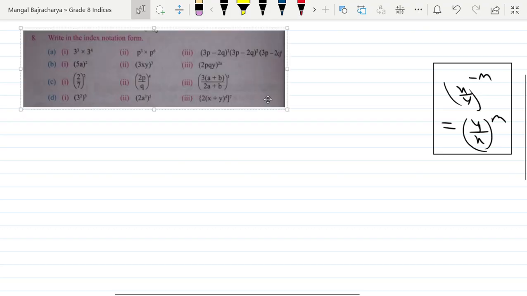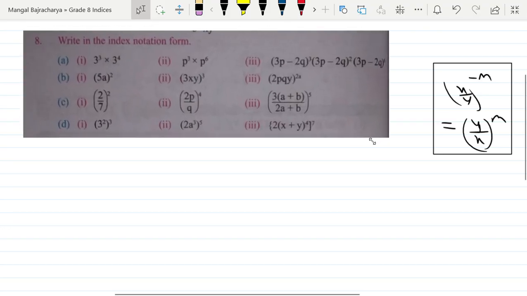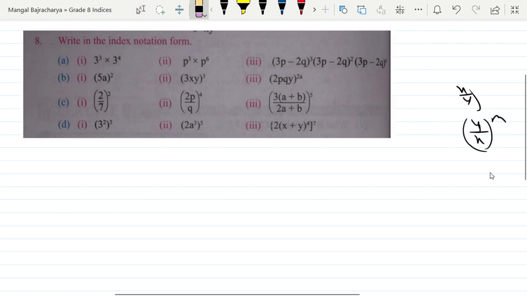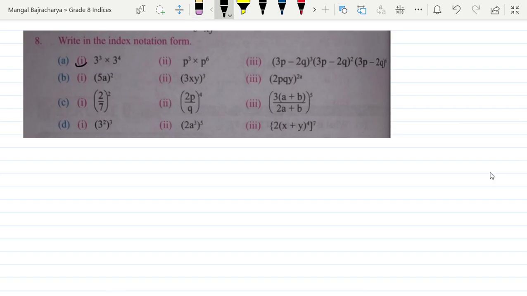So here's number 8. The first number, A: 3 power 3 into 3 power 4. The question is, write in the index notation form.